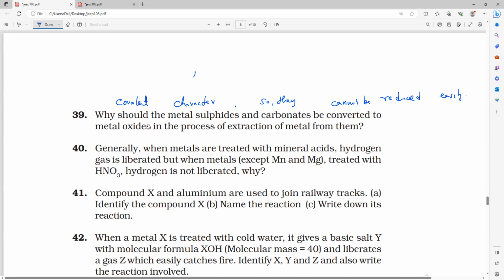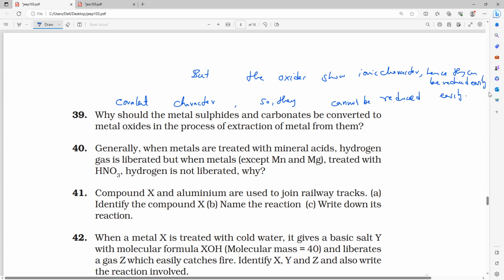But the oxides, what character, guys? Oxide shows ionic character. Hence, they can be reduced easily.